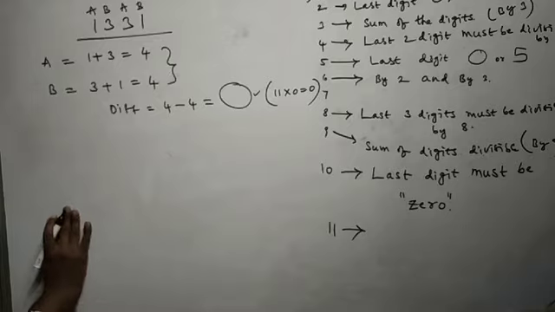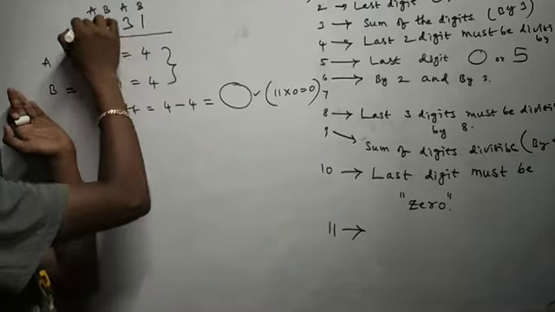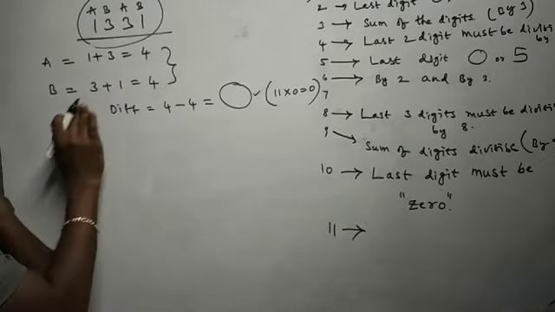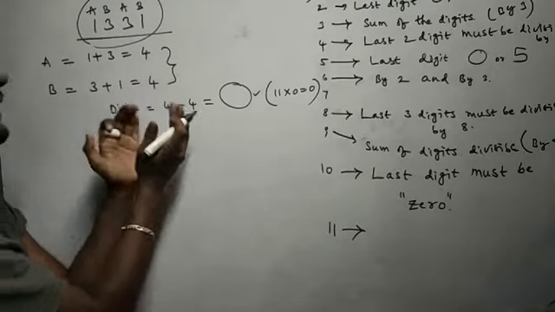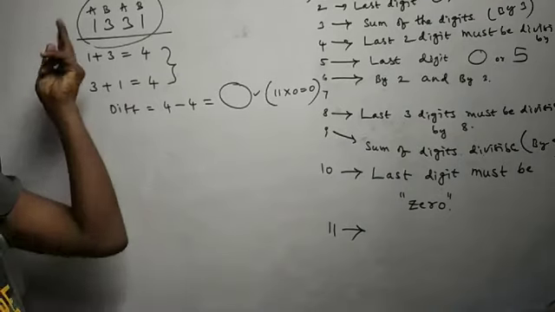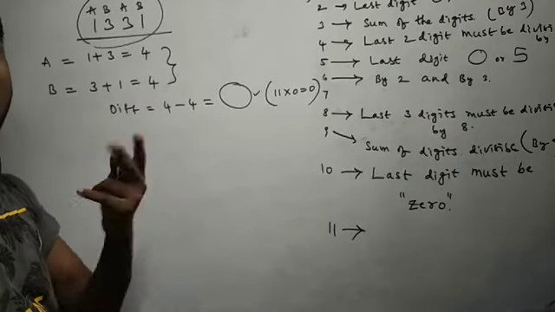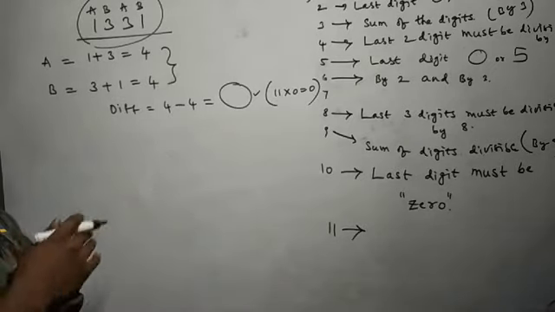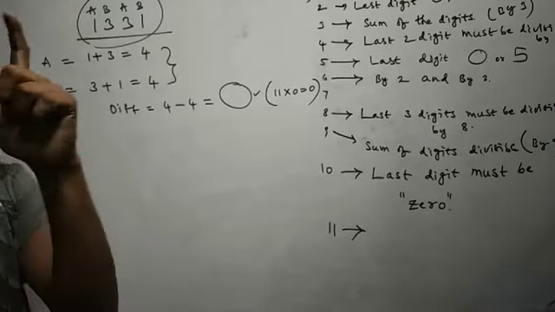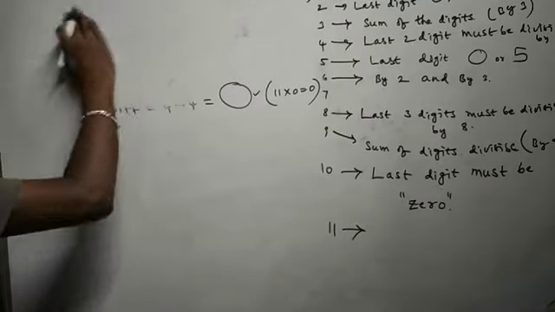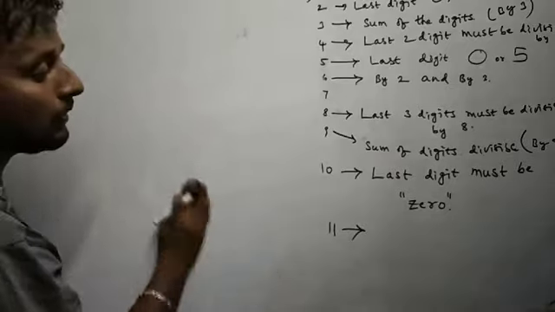So what I want to say is, when you write the digits as even and odd positions, and take the sum of the even digits and the sum of the odd digits, their difference must be divisible by 11. So simple condition: take A and B, add all A digits, add all B digits and find the difference. If the difference is divisible by 11, then the number is also divisible by 11. It is the divisibility rule of 11.